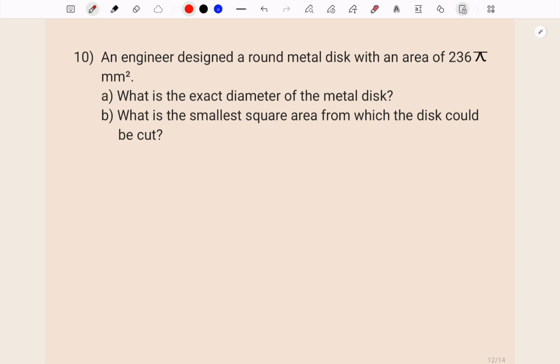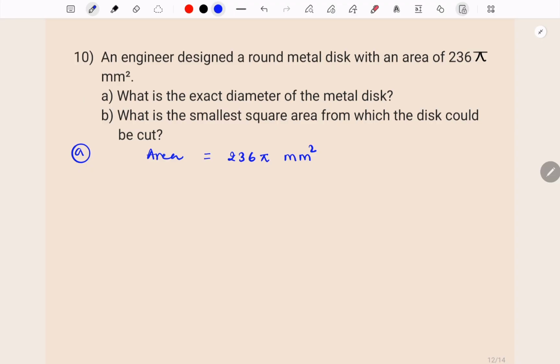So let's solve the first part. The first part is about finding the exact diameter of the metal disc. The area of the metal disc is given. So the area is given as 236 pi millimeter squared, right?